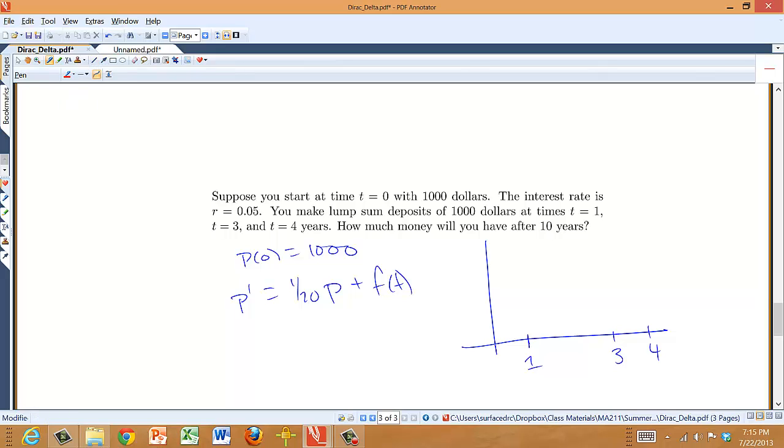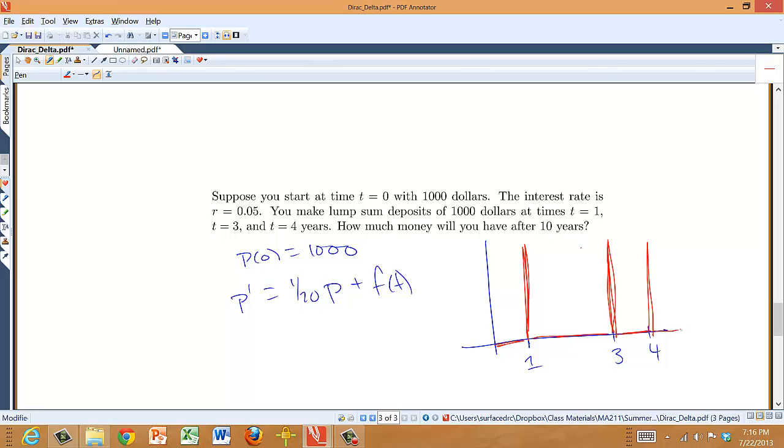I'm adding no money at these times, but at time 1 I make a lump sum deposit, so I add a whole bunch of money instantly. So the rate at which I'm adding money is going to be infinite there. The rate at which I'm adding money at time 3 is infinite. The rate at which I'm adding money exactly at that instant 4 is infinite.